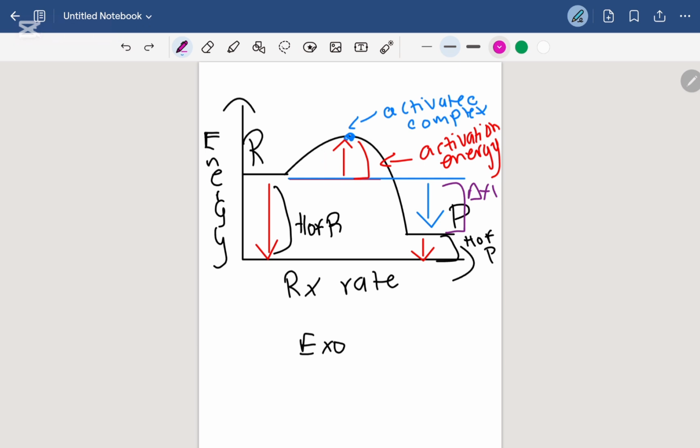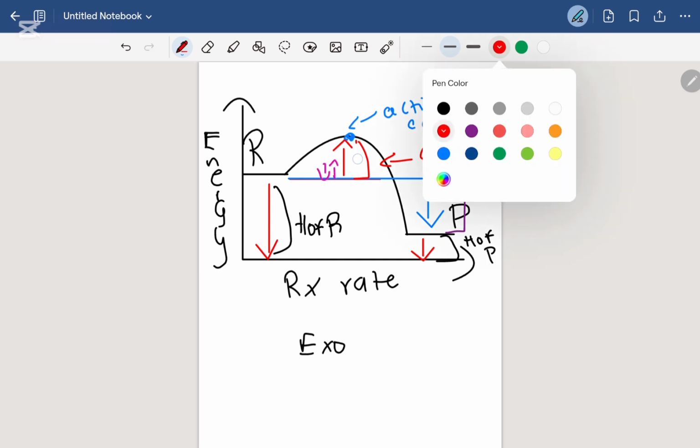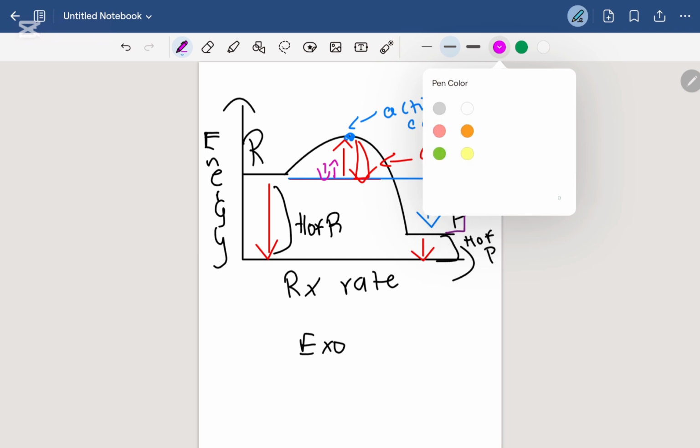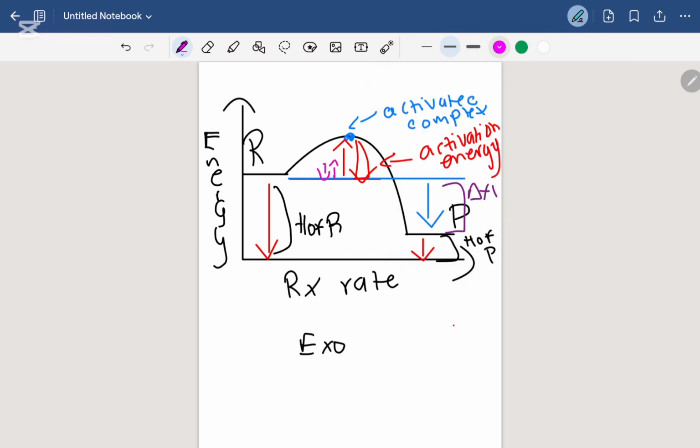Here it's very small, so I'll make it tiny. So now, if in the red it was our old forward and backward, and now our pink became the new forward and backward, then if we're going to redraw the curve with respect to the new forward and backward, it'll be like this. Notice how the curve is lower. That means the activation energy is lower, okay? That means it will happen faster.